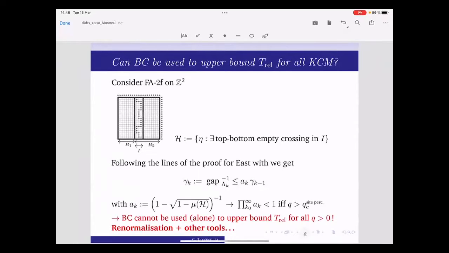So the critical density of bootstrap percolation for FA2F is 0. So we have to extend this proof down to Q going to 0. And in order to do that, one has to complement this sort of bisection constrained procedure that we used for the East.